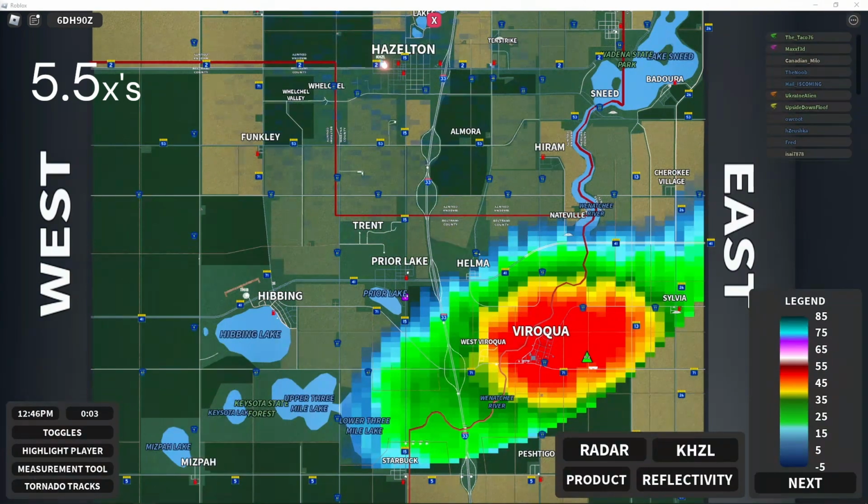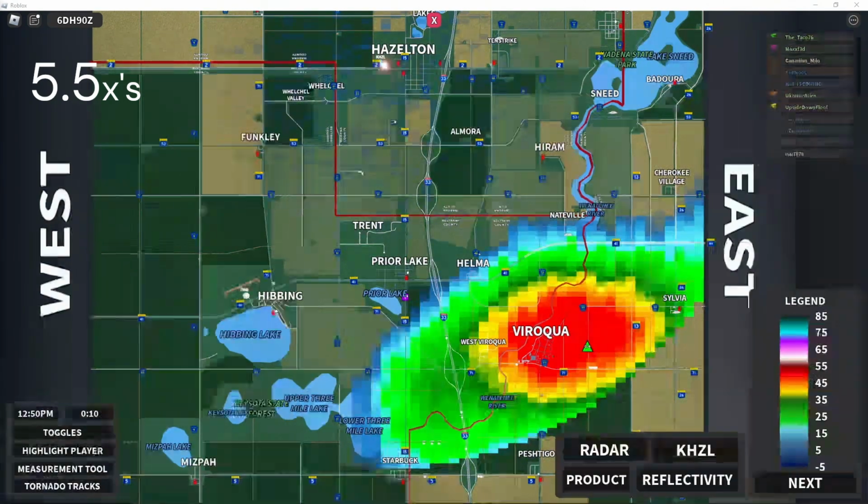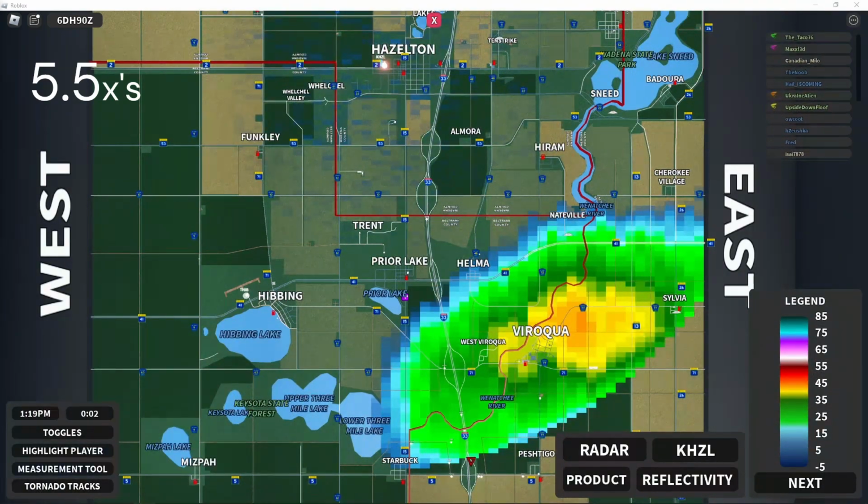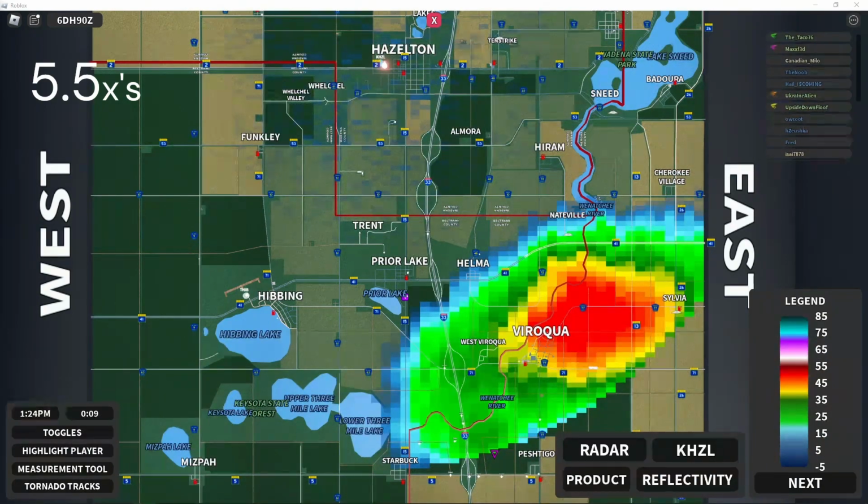Typically you don't get a full return. When you see a full return, we call that noise on radars. Good thing we don't have that modeled in Twisted, or else that would be really bad.